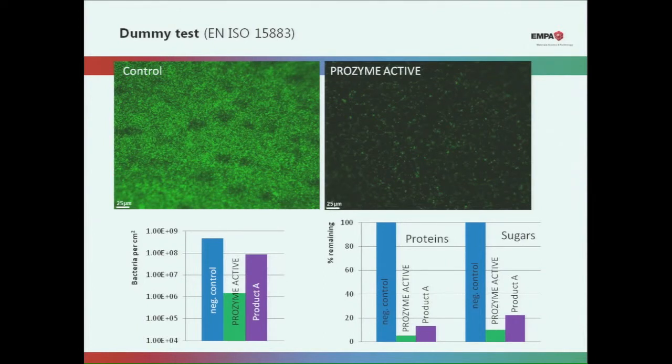Based on this ISO test, we also had to measure how much protein and how much sugar is left. In both tests, more than 95% of protein is removed, and more than 90% of sugar is removed. So this fits the criteria of the standard request. And now the company is going to launch the product in the next 7 months.